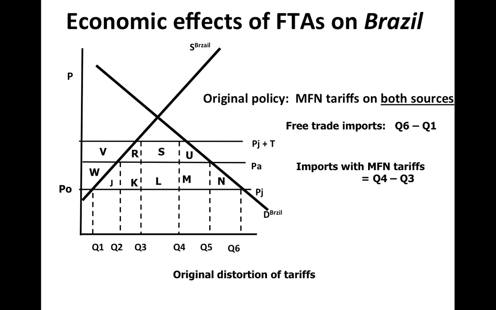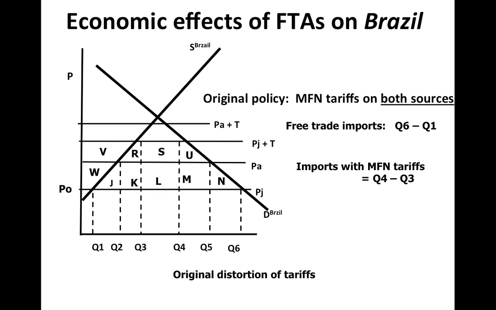When you have MFN tariffs, the same tariff on both the Japanese and the Argentinians, the Japanese product is going to be the relevant import source because the Argentinian price plus the tariff exceeds the Japanese price, and the Brazilians will import from Japan.